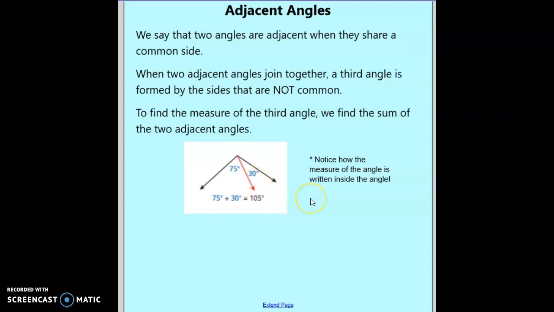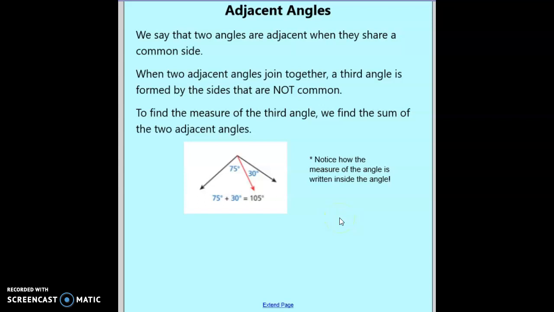If I put both of those together, will that tell me the measure of this third angle? Of course it will. From 75 and 30, add them together. Altogether, this is a 105-degree angle.